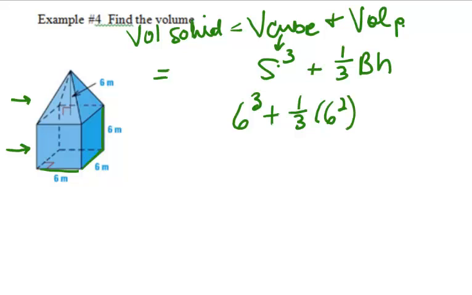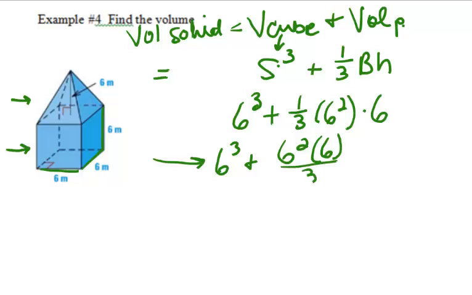So I've got 6 cubed plus 1/3 6 squared times 6. Now, one thing it's really important to remember here, and let me write this, if you write it this way, 6 cubed plus 6 squared times 6, and if you do the 1/3 as divided by 3, notice that you're only dividing the second part by 3. We don't want to divide everything by 3. You're only dividing the second part. So when you start plugging these things in, pay attention to that.